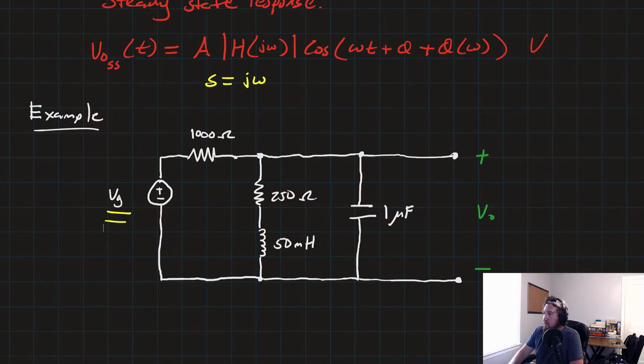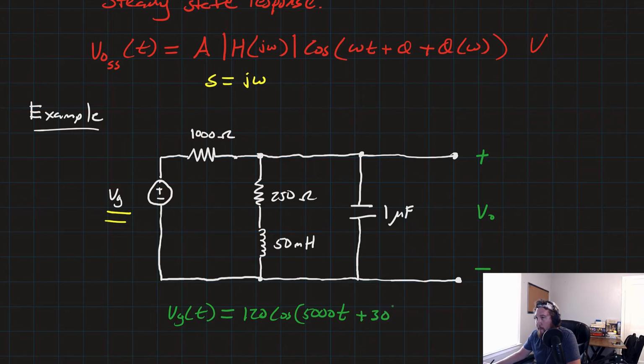We're also going to make a note that the value of Vg as a function of t is going to be given to us as 120 times the cosine of 5,000 t plus 30 degrees, in volts.